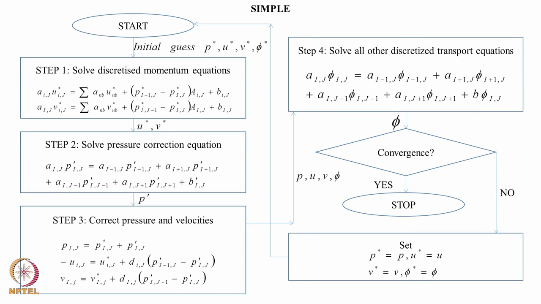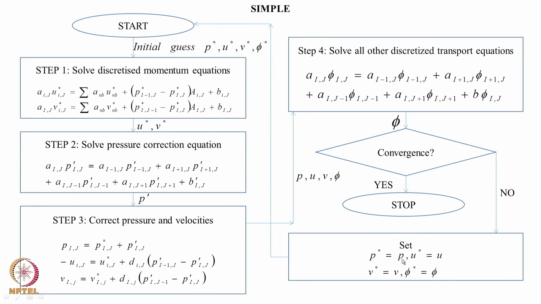So, you get phi, then you set up a convergence criterion, you check whether it is within the convergence limit that you have defined. If so, you can stop the SIMPLE step or iteration and move to the next step. If not, whatever velocity and pressure are obtained in this step are now used as guess pressure and guess velocity for the next iteration, and that is what is shown in this.